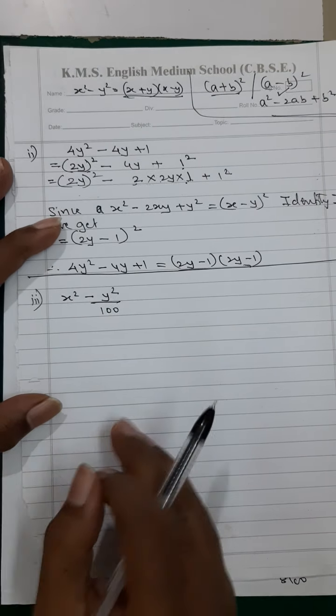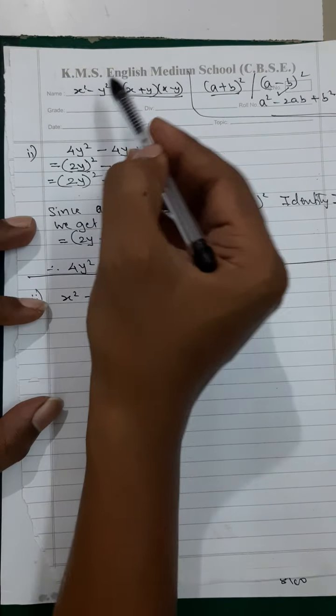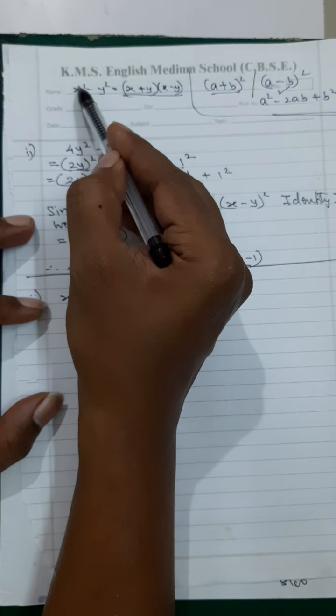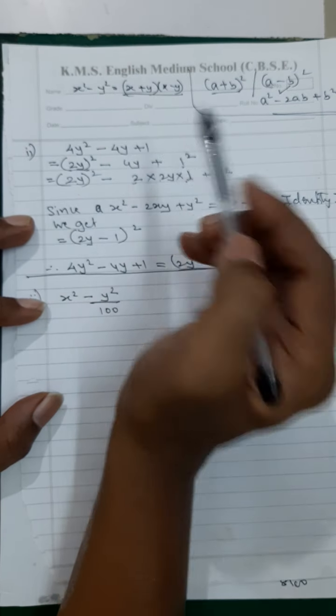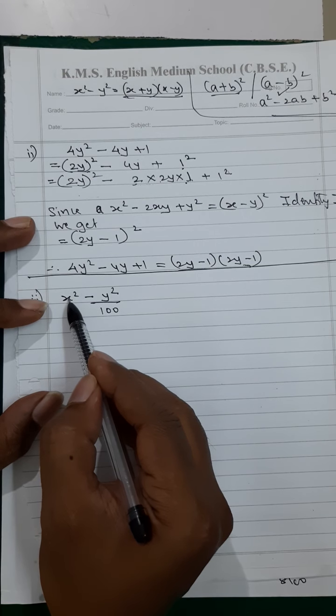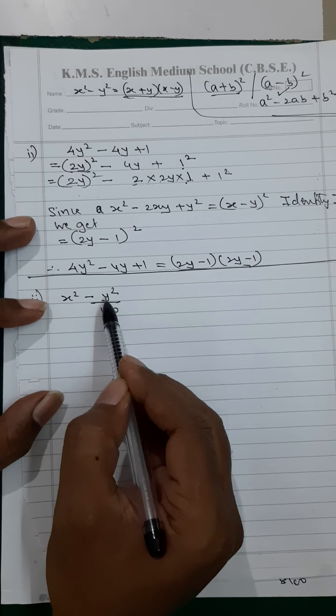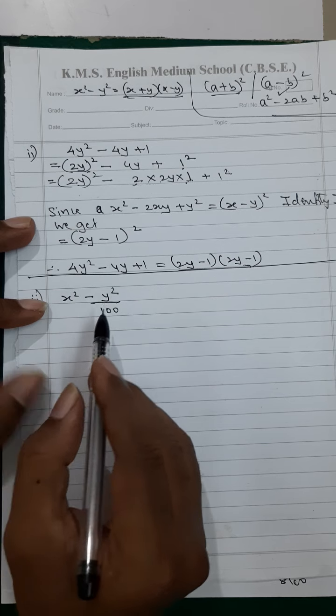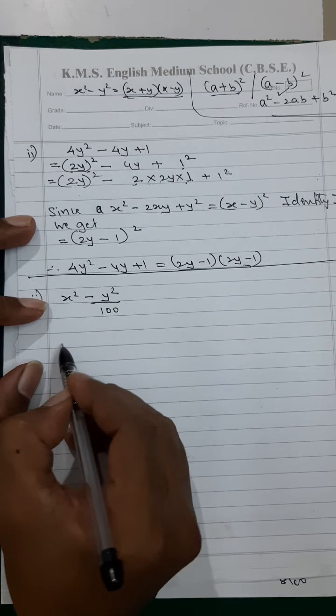Okay, so this is also there, but here what happens, you have to have first term also under the square and second term also under the square. Here the first term is below the square, is under the square. Y is also under the square, but 100 is not under the square. So you will have to first bring 100 also under the square.